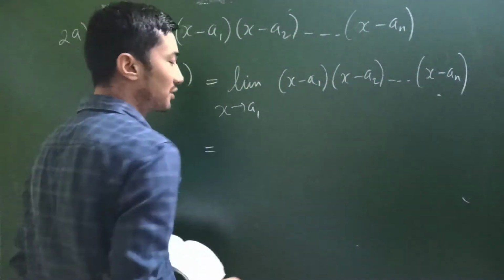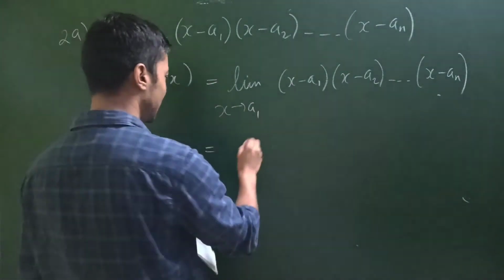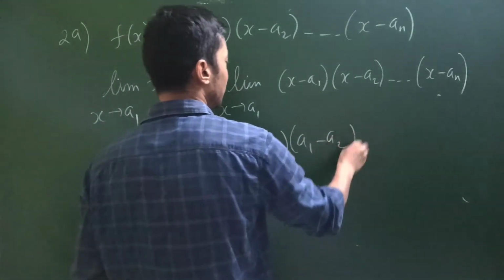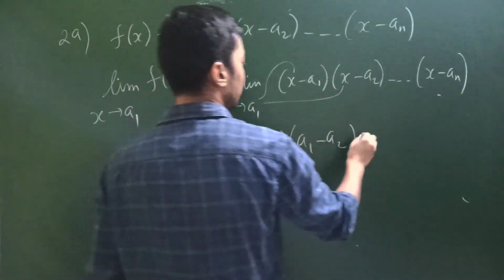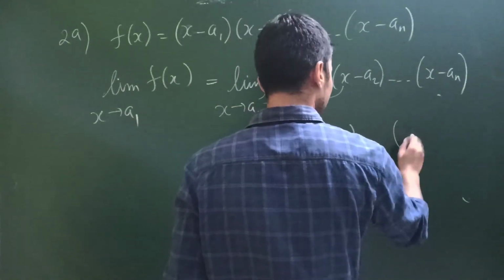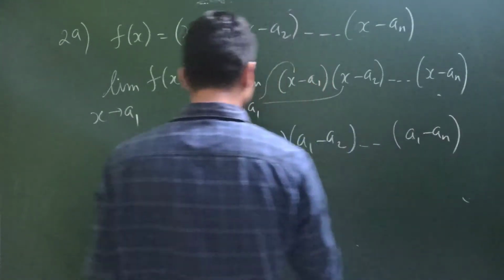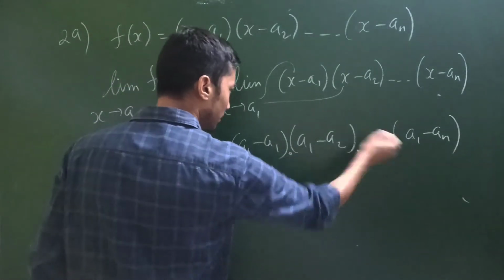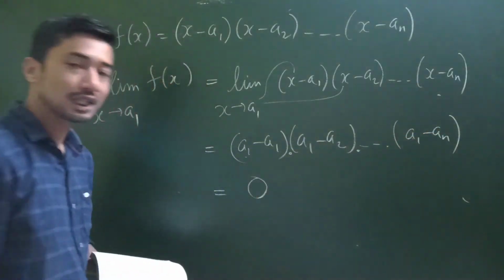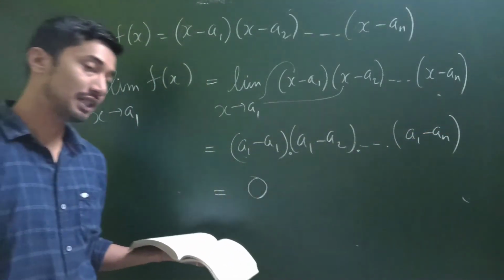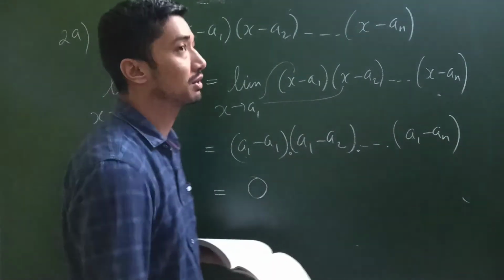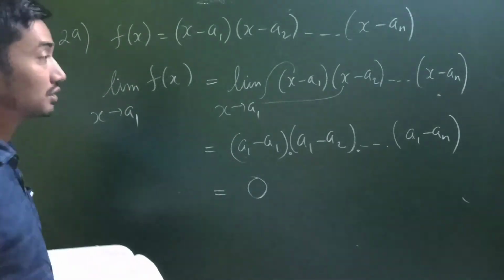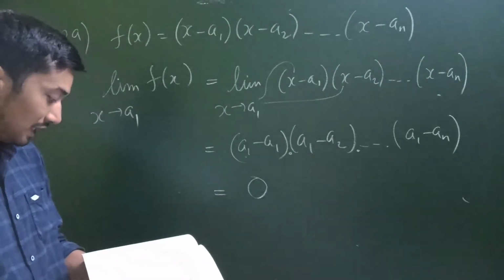Definitely I'm not getting 0 by 0, so I can just substitute the value of x as a1. That's going to be a1 minus a1, a1 minus a2, just replacing the value of x, continuing till a1 minus an. It's very clear, because the first factor a1 minus a1 is 0. So 0 into the product of any number is just 0. Simple as that. That's why I say never go for the looks or never judge anyone just by what somebody tells you. So you see, as we have tried, it's very simple. That's it.